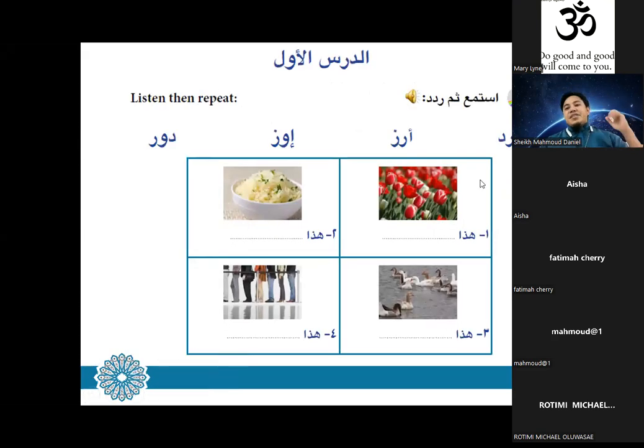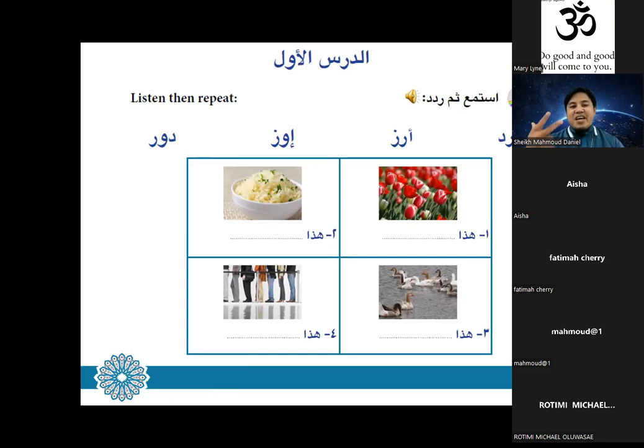Okay, this is now Ad-Darsul Awwal. Ad-Dars, that means, listen very carefully, the lesson. Al-Awwal is the first. That means the first lesson. Al-Awwal, Al-Thani, Al-Thalith. So like that, okay?